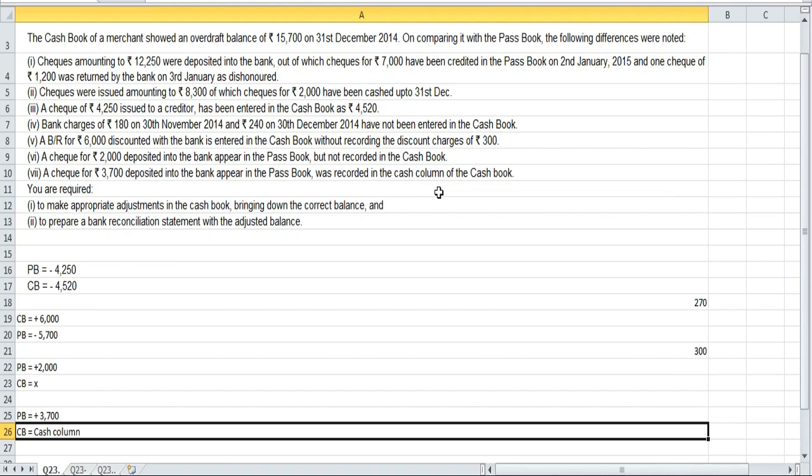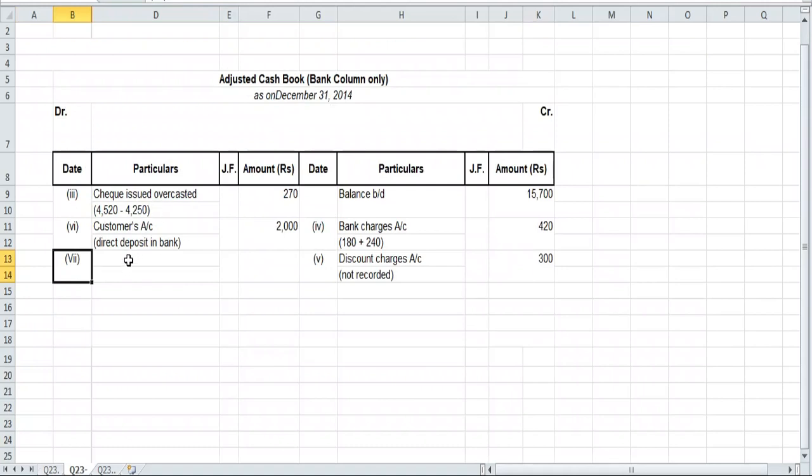That means he has given us cash which we have in hand in the office, but actually that is deposited in the bank. So this is number 7. We're going to write here the same thing, customer's account, we are receiving in the bank column. Okay, and then what will we write here?